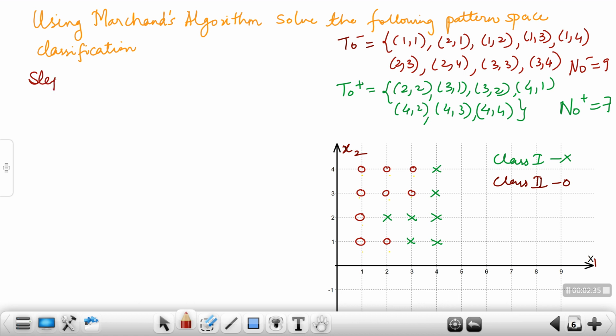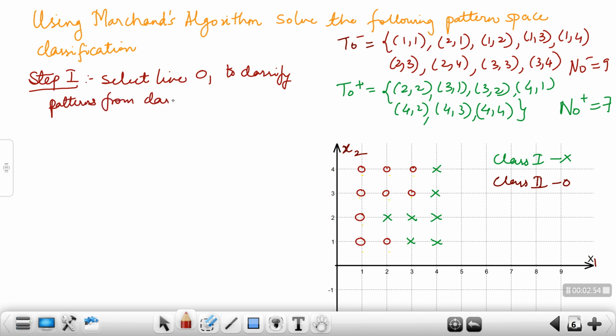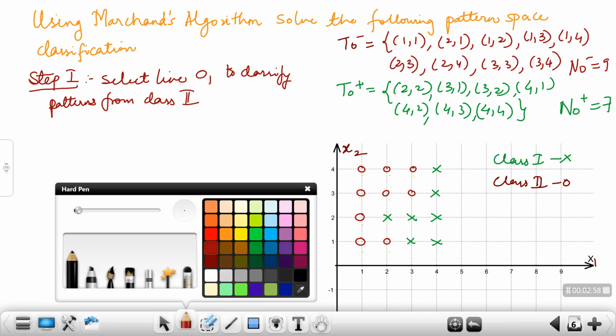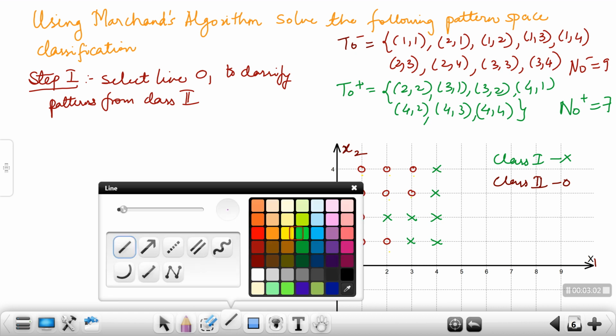So we start with step 1 of the Marchand algorithm and we select a line O1 to classify the patterns from class 2. It is better to write these details. With this line, which is a very simple line, I am selecting the patterns from class 2.